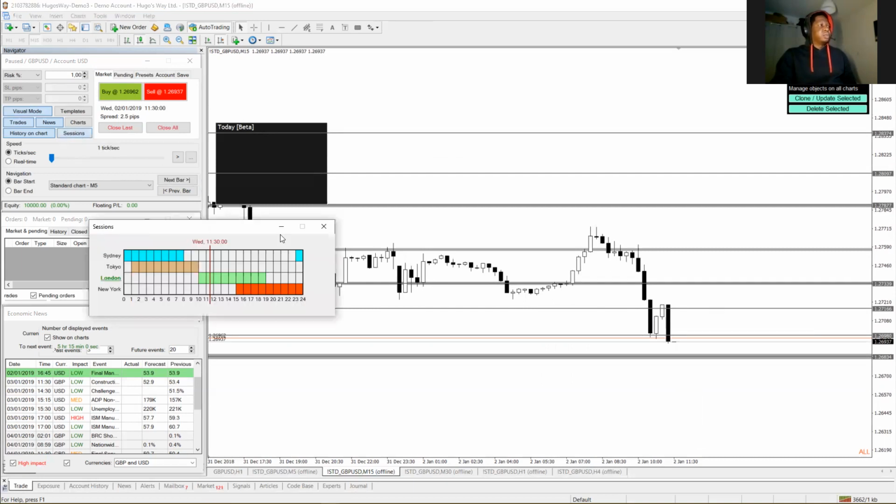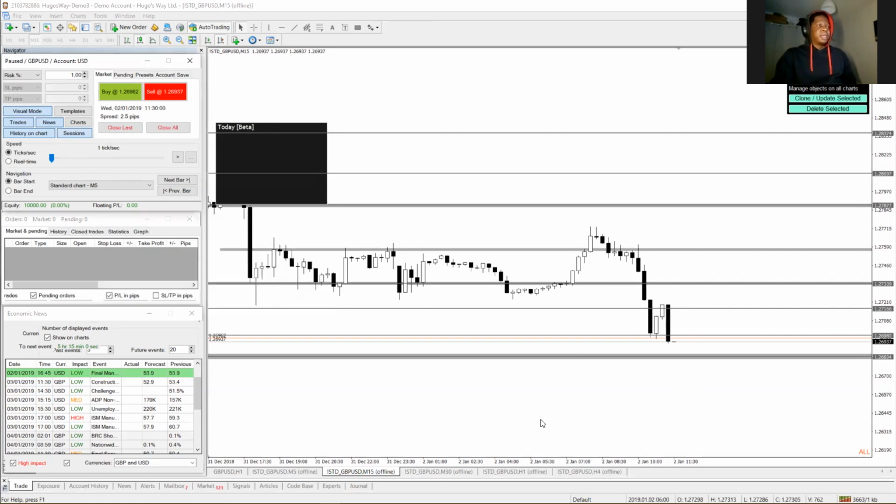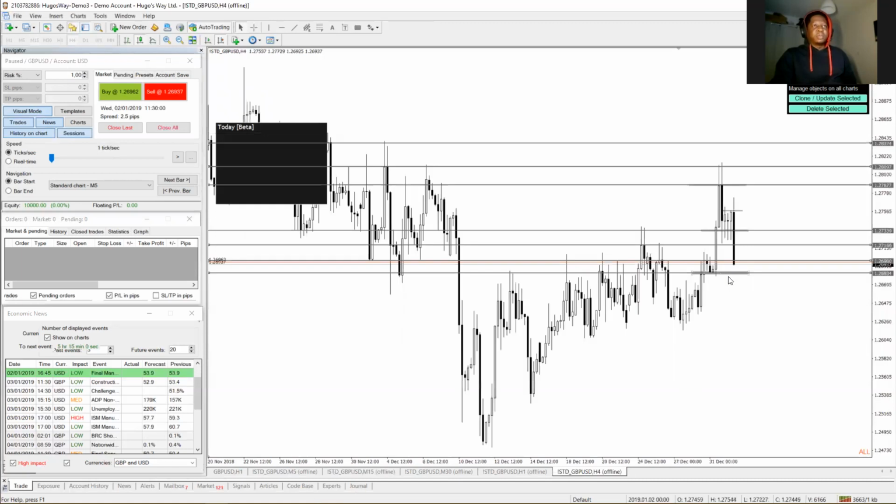So I think I'll just pass on this trade and move to the next day because at this point, oh, we're still early in this session, but I'm not keen on these sells as well because the next level is just right here. So we need to mark up more levels to the downside at this point. And yeah, we're gonna mark this level right here, then this level as support, this one and this one.